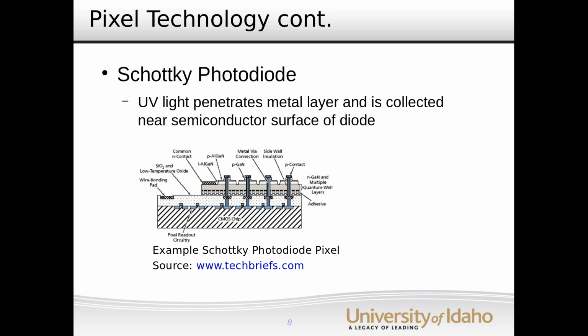So you can bias it in such a way that you have your depletion region in the semiconductor right there at the surface, and you don't have to worry as much about some of the other effects and other noises that we get with traditional photodiodes.